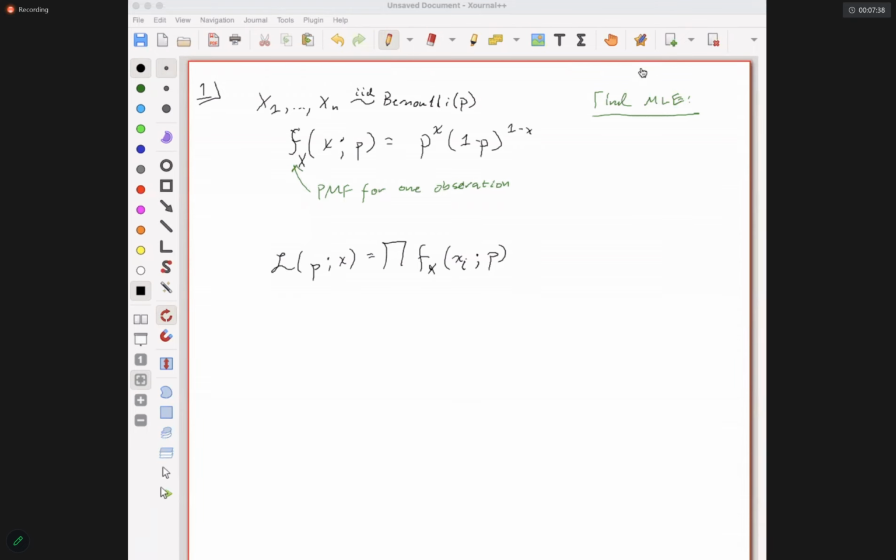What does our product start at and what does it go to? So it's going to start at i equals 1, and it's going to go up to, not always, but when we're looking at the likelihood function specifically, it will start at 1 and go up to the sample size.